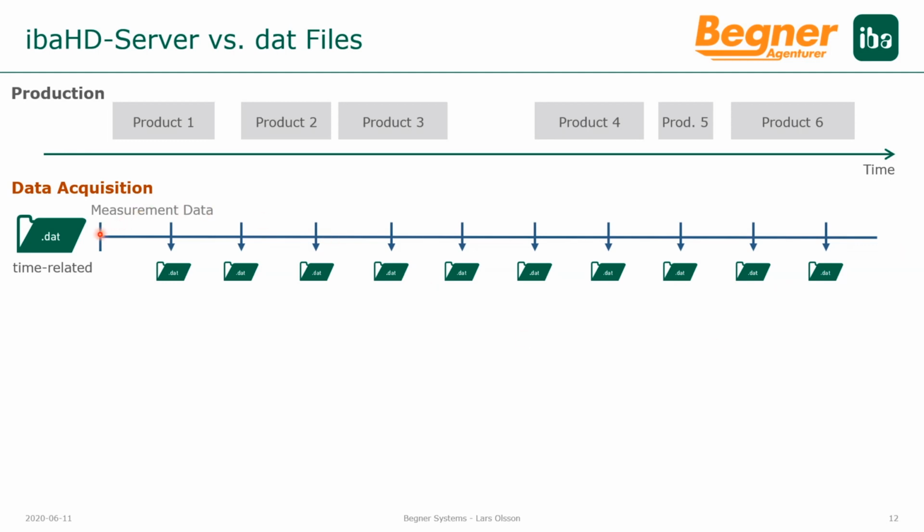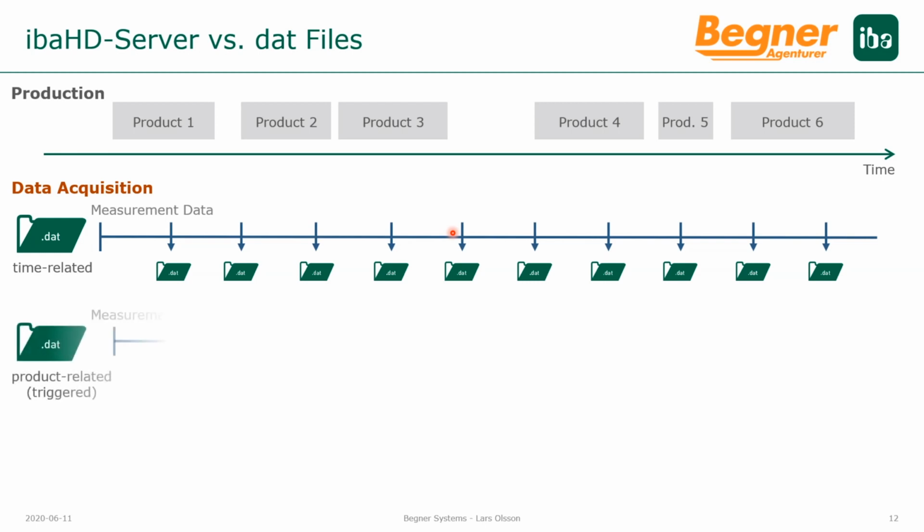So we start here. We take a 10 minute long file. We store that one to disk and immediately start to write the next one. So we don't care about the products when they are produced. It's a continuous measurement over time with the same length of time.